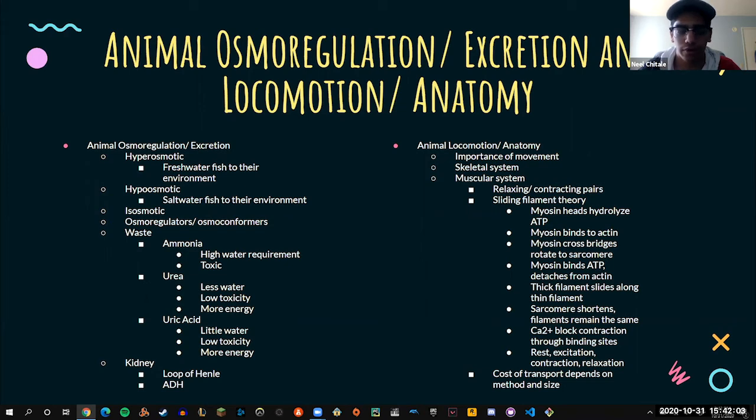And then you have osmoconformers, who passively interact with their environment and let the environment help them with nutrients, or remove nutrients from them. They don't really have control over it. They just need to be in a place that has a good amount of either water or solute depending on their needs.